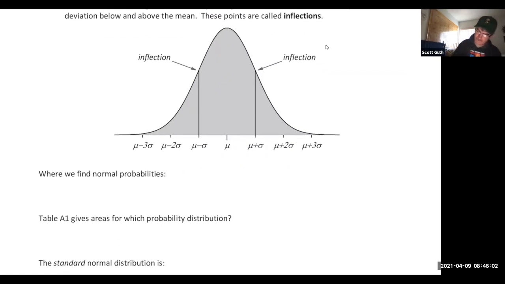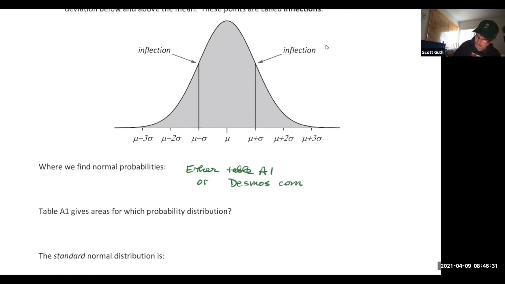All right, so again, we're just finding areas under a normal curve right now. Let's review where we find normal probabilities. We can use either table A1, which we introduced last time, or a Desmos command. The command is just normal dist.